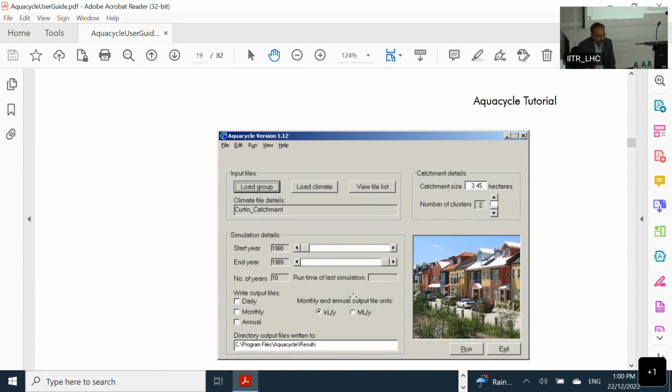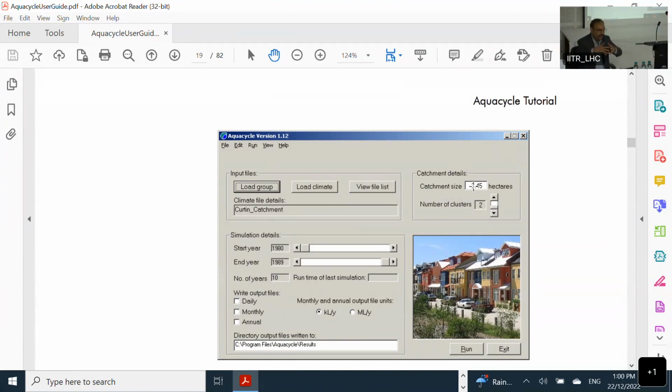And then you provide the climate data, and the right output, whether you need output on a daily, monthly, or annual basis, and the monthly and annual outputs in kiloliters or megaliters, and also the catchment size. If you're using a single home, then the size of the single home will be your catchment size.